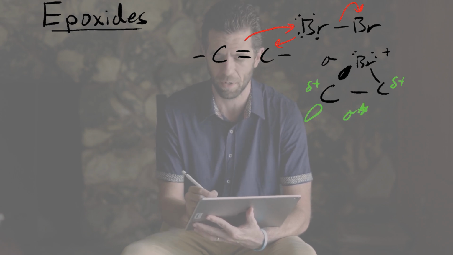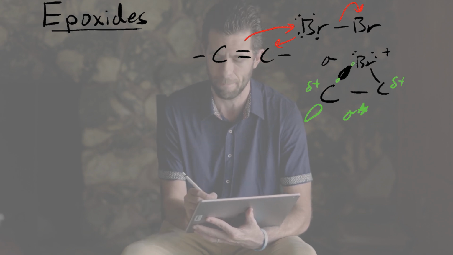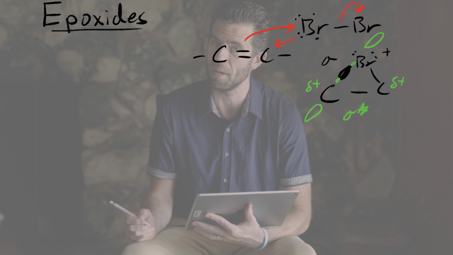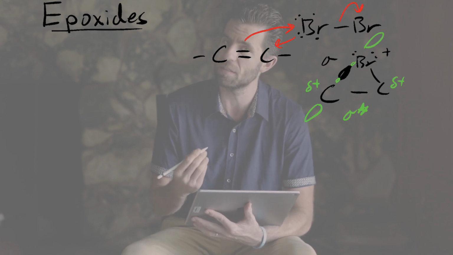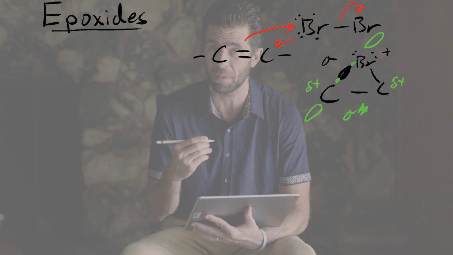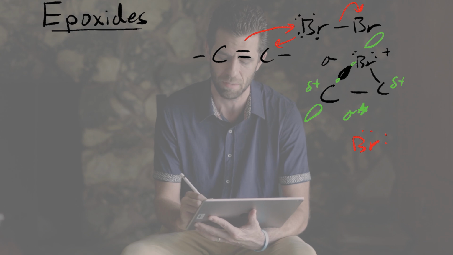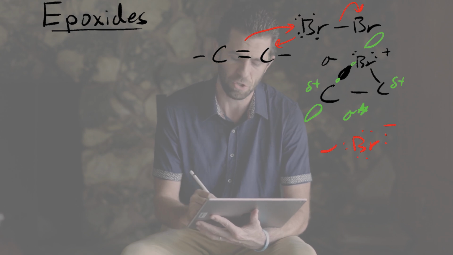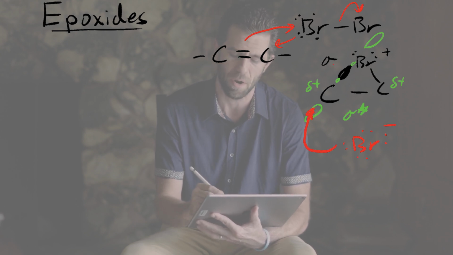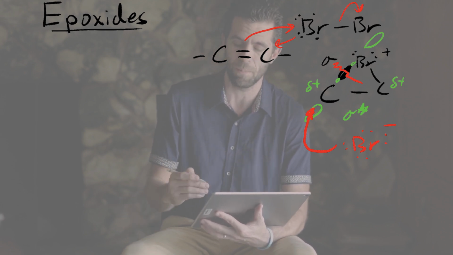That antibonding orbital is empty, but exists right here on this carbon and bromine. This antibonding orbital is on the back side here and is the perfect place for this other Br negative that we just made in the last reaction to put its electrons in there, breaking this sigma bond and forming a new bond.